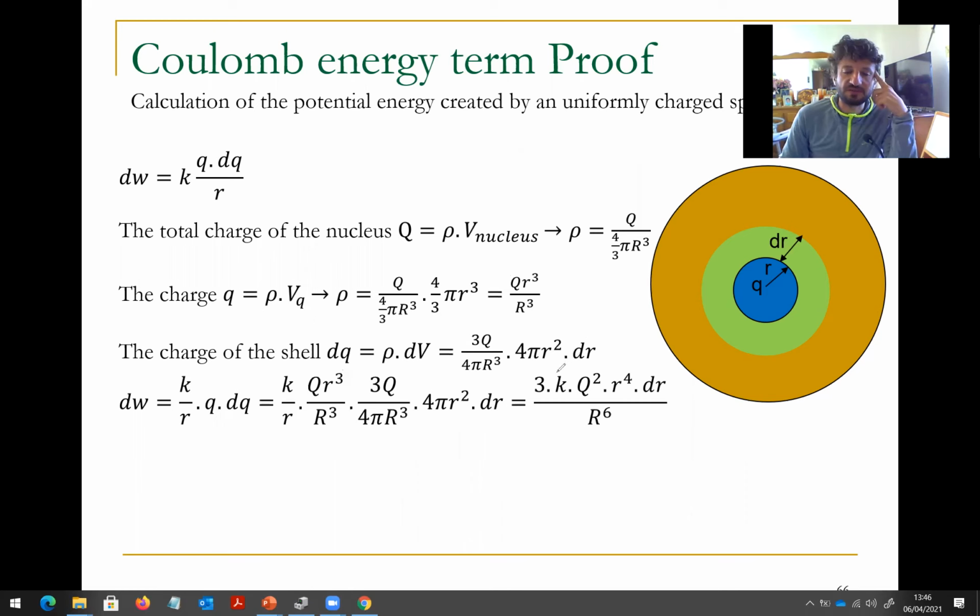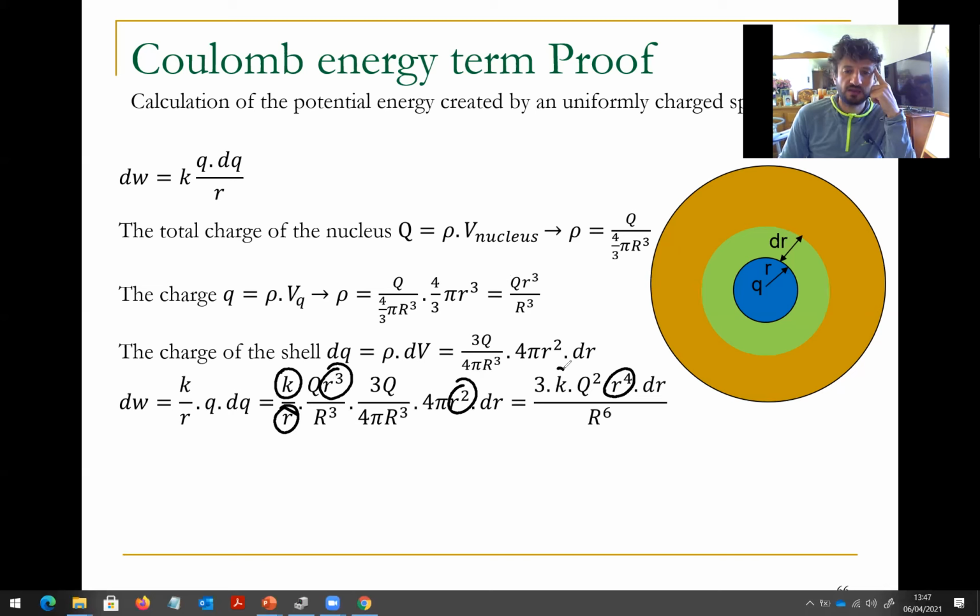We can simplify this one. Here we have r cube times r square equals r power 5, and here we have r in the denominator, so we have r power 4.